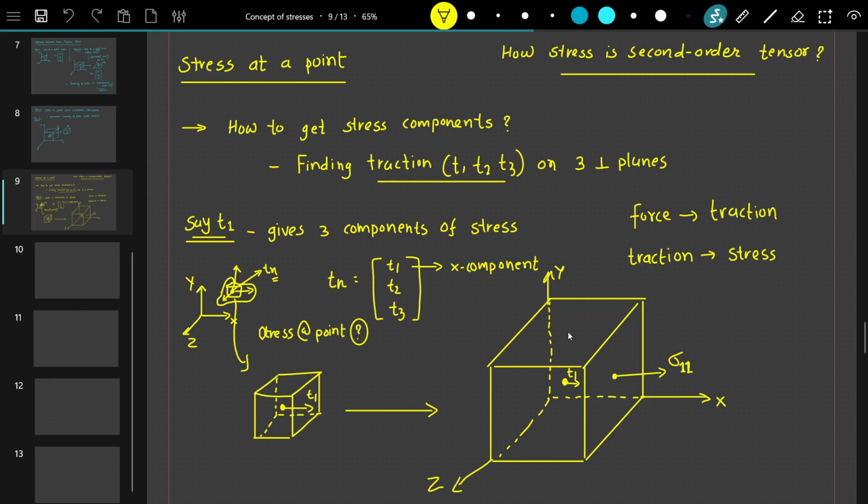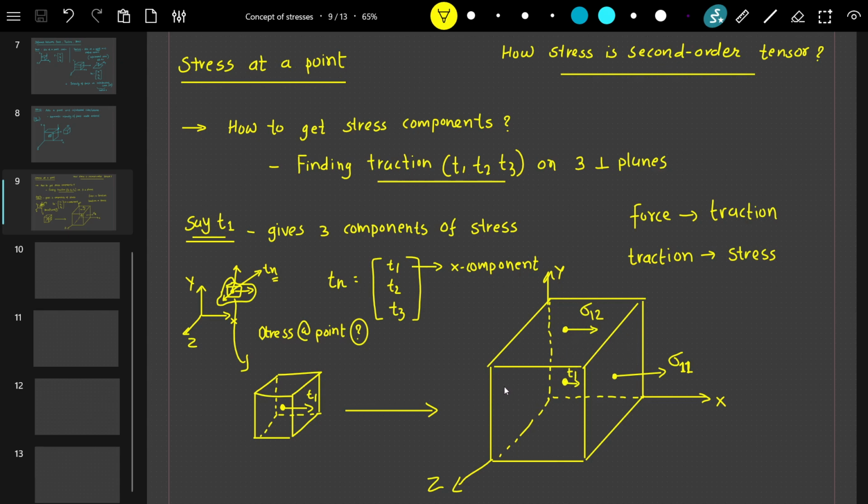Now similarly we can do it for the y plane. Imagine you are exploding this T1 on the y plane, on this top plane. I get sigma, the stress due to traction T1 on plane y. So sigma 1 2. Understand that the first index is due to traction T1 and the second index is the plane, so x and y.